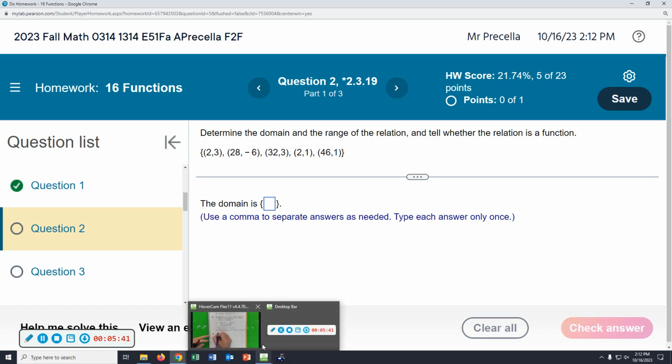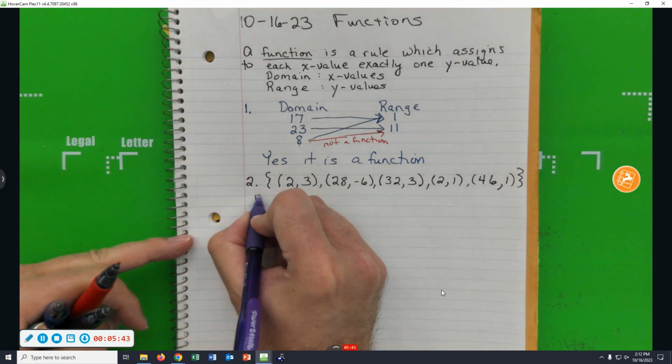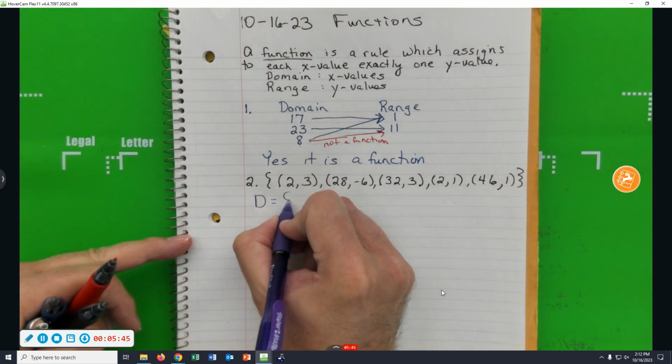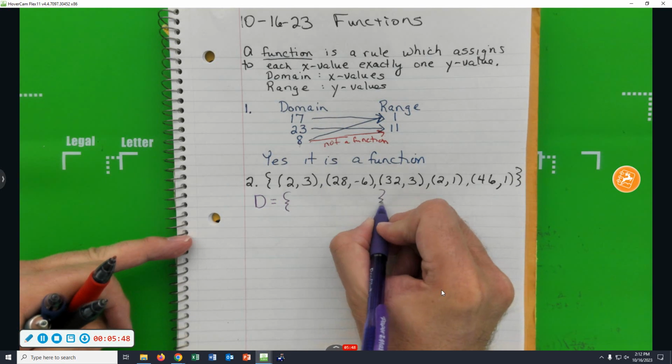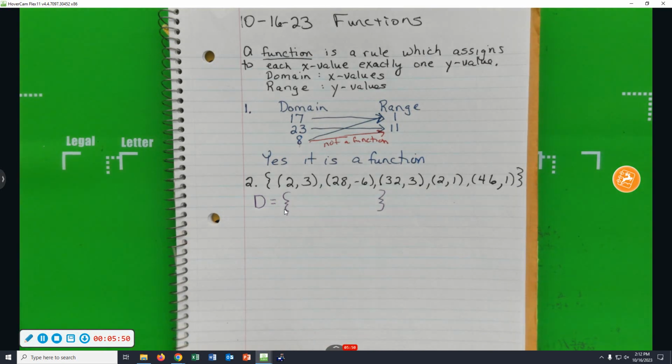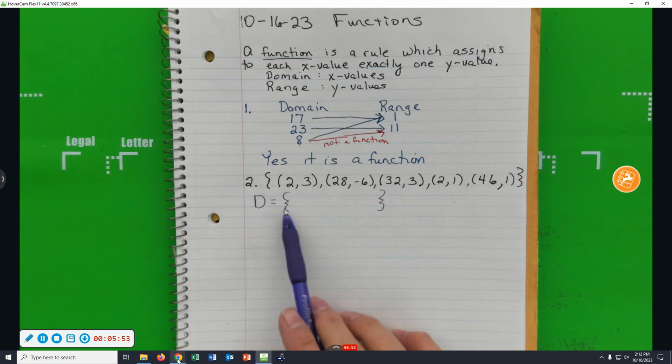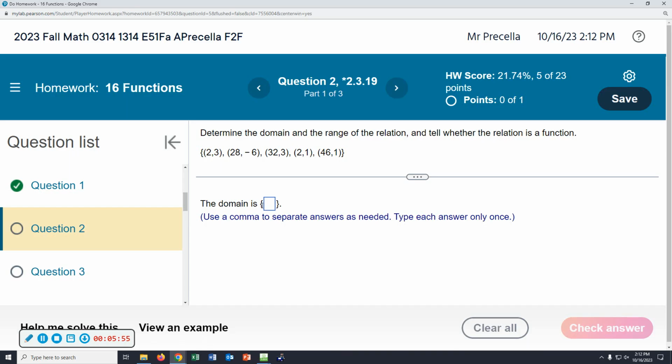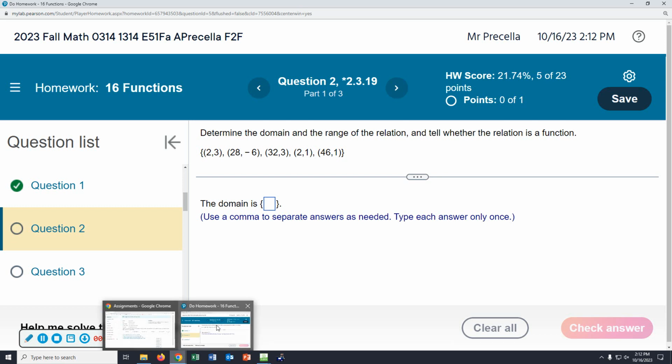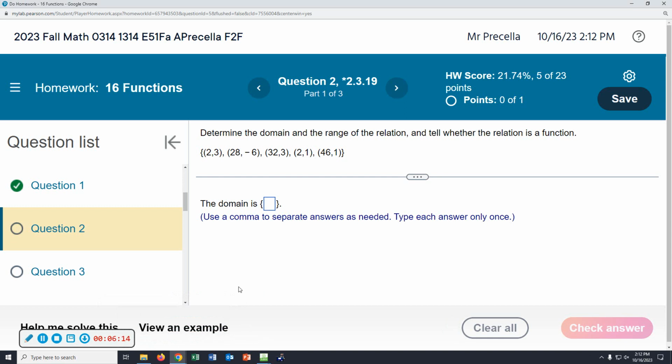The first thing we're doing is finding the domain. When you're listing out the domain, my math lab already has the set brackets for you, so you're not going to have to type those. All you're going to do is type the numbers, separated by a comma. Notice it says, write each answer only once. So if a number appears twice in the domain, you do not write it more than once.